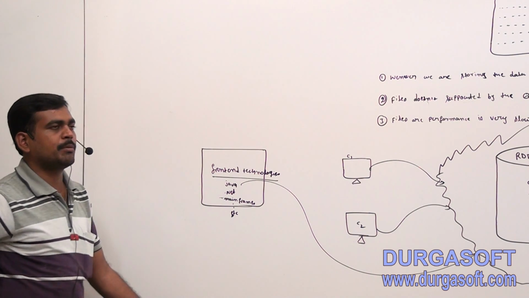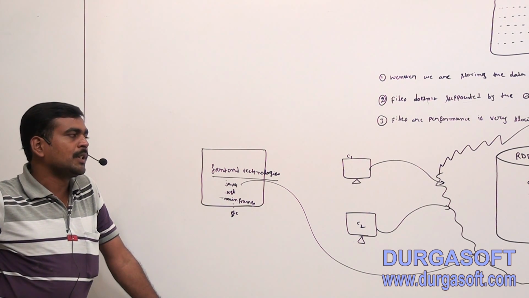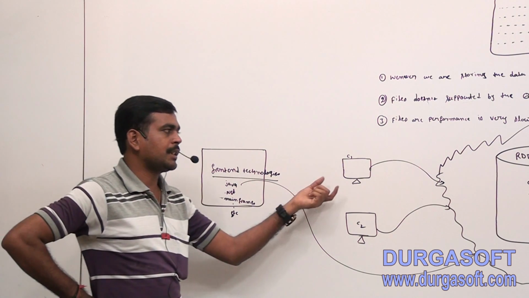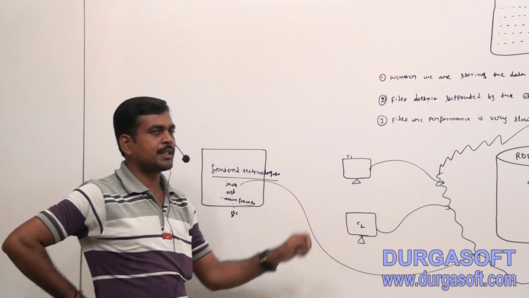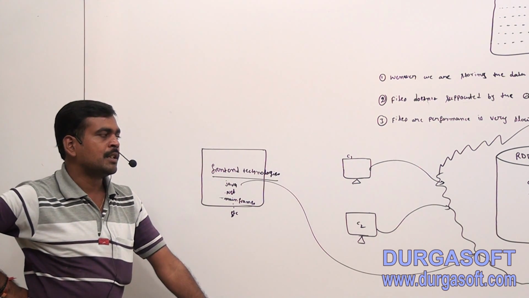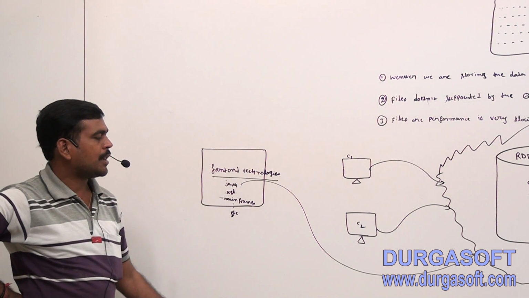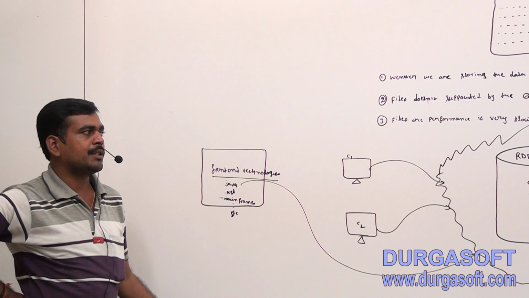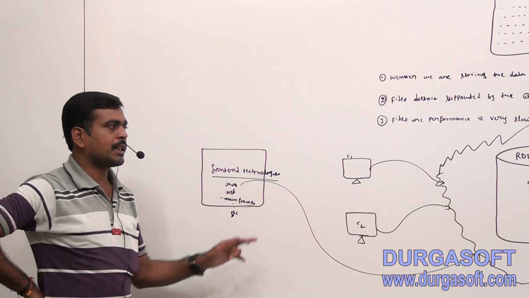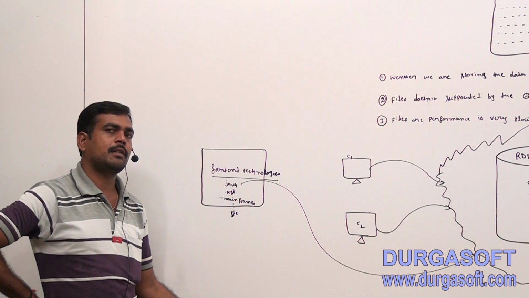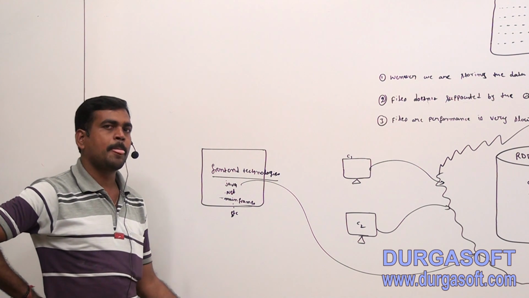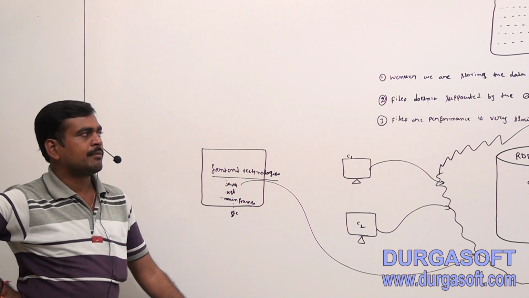And it gives more performance. When we are connecting directly to that database, performance becomes very slow. So instead of direct communication, through Java or .NET or mainframe front-end technologies we can communicate with that database, and at that time it gives more performance.